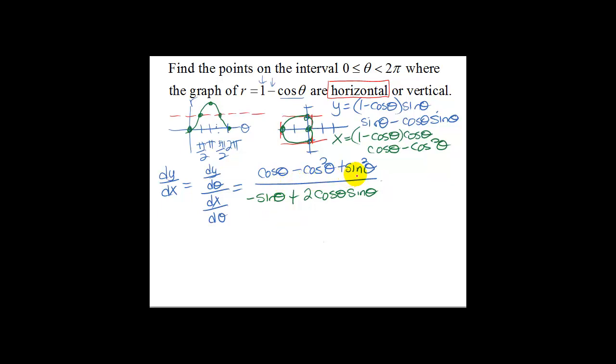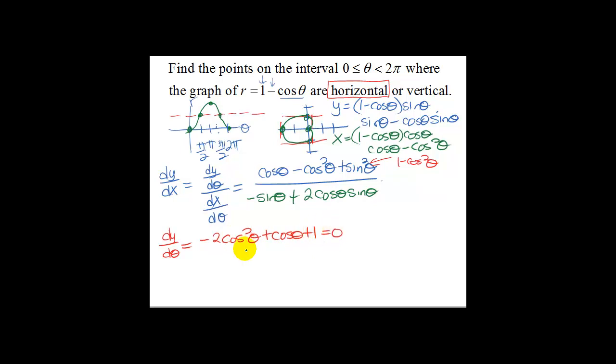In order to do that, I'm also going to replace this with 1 minus cosine squared theta, because I see that the other two terms involve cosine. So we have dy/d theta, and that's going to be negative 2 cosine squared theta plus cosine theta plus 1. And I'm interested in where that equals 0.